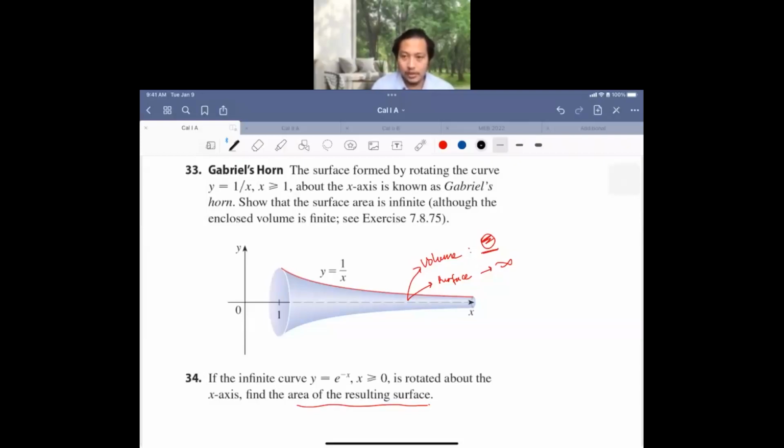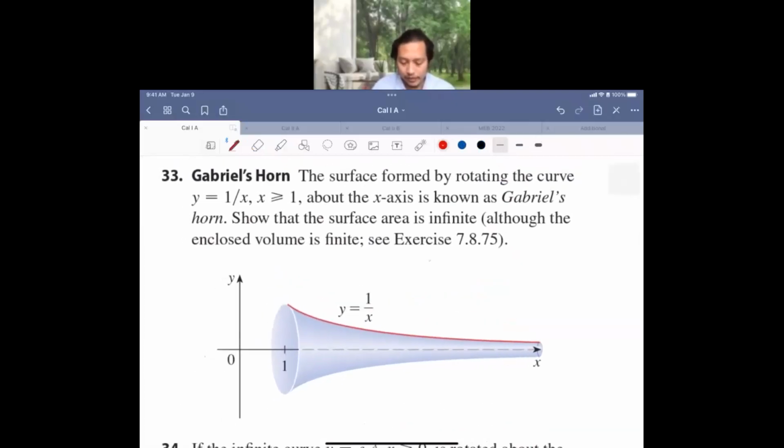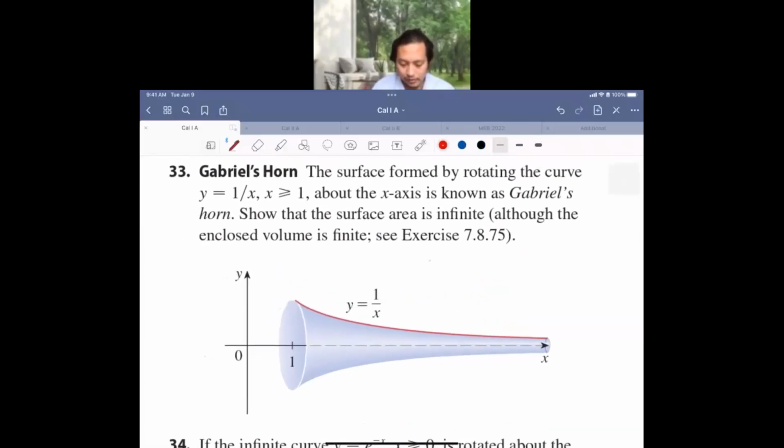Now the question itself, it's rotated. So we have the curve. Let me clear the screen. Okay, so we have this function, 1 over x. We start from x equal 1, so we start from here, and we rotate the whole curve with the x-axis as the center.